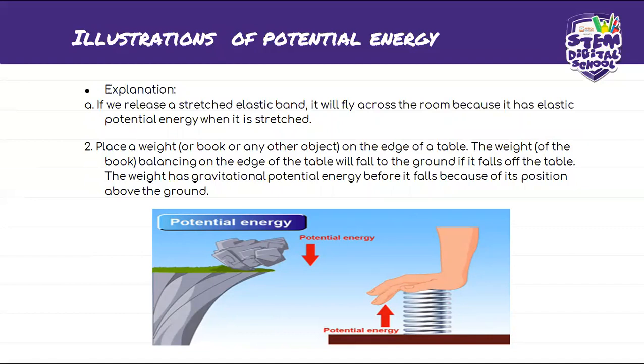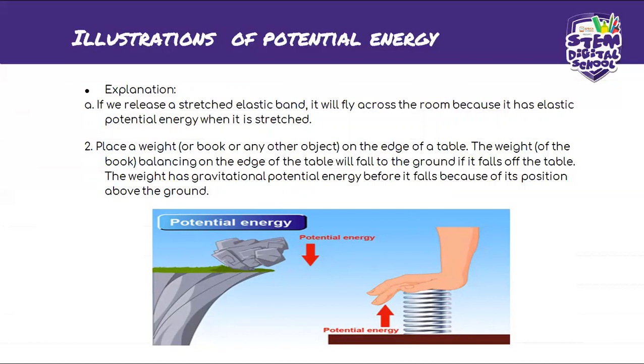Now let's go on to another illustration here. So when I place, as you can see, a weight or a book or any object on the edge of a table or even a cliff, the weight of the book balancing on the edge of the table will fall to the ground if it falls off the table. The weight has got what? Gravitational potential energy before it falls because of its position above the ground.